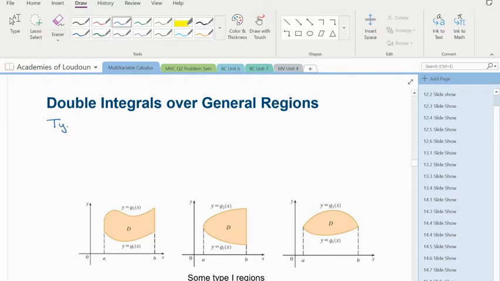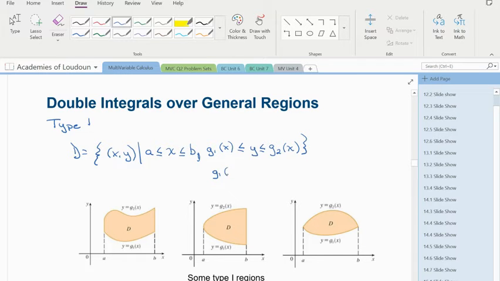So for type 1, D is defined as the set of x,y such that x is between a and b, and y is between g sub 1 of x and g sub 2 of x, where g1 of x and g2 of x are continuous on the closed interval a to b. Some examples of type 1 regions are shown in Figure 5.